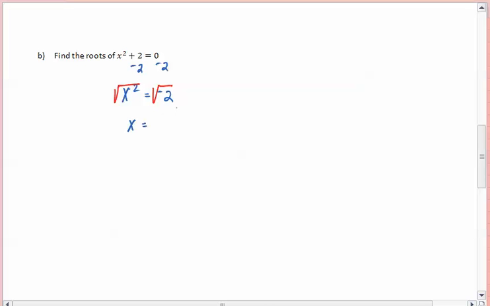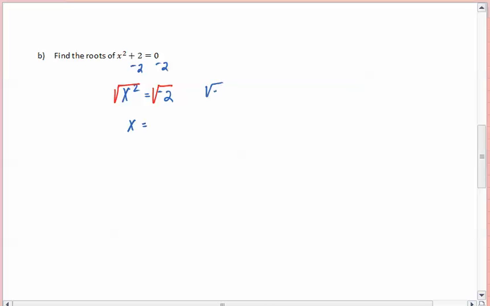Okay, so let's continue this whole idea. Let's go ahead with this next question. We're going to find the roots of this. I guess the best way to do this is just to get the 2 on the other side, and we're going to go x squared is equal to -2. And you can already see that there's going to be a problem here in terms of real roots. But it just said find the roots. So here we are. We have x is what?